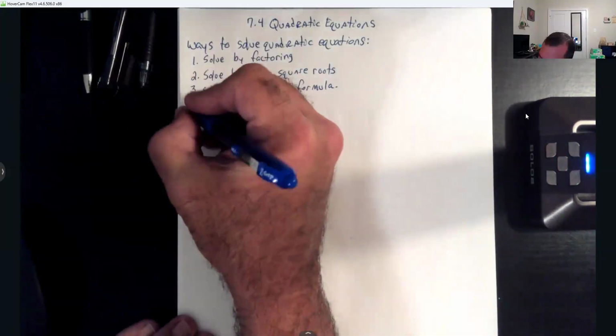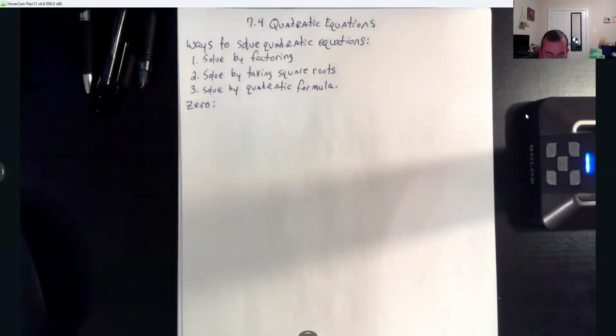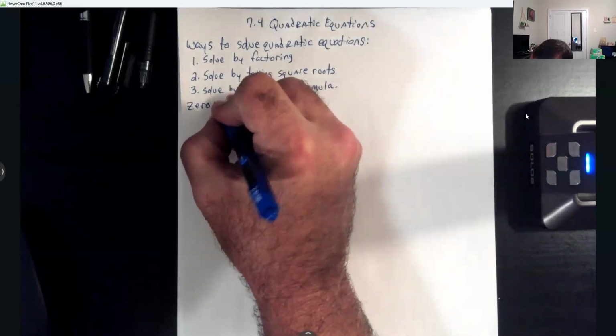Now we use different terminology in here. We use terminology such as zero. Zeros are just the solutions to quadratic equations.